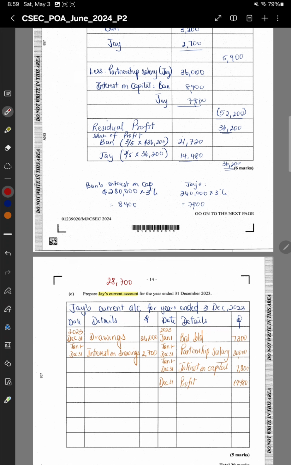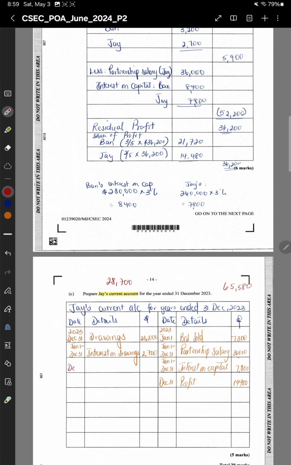On the credit side we have 7,300 plus 36,000 plus 7,800 plus 14,480, which is 65,580. Let me confirm. 65,580. So the credit side is larger than the debit side, so we will carry down to the smaller side.